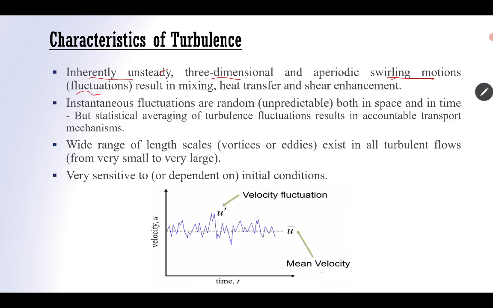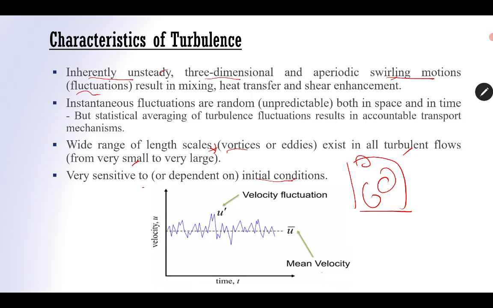It has a wide range of length scales, where we have vortices or eddies, what we call a swirling flow like this. When we look at the simulation, we call this an eddy. It exists in all turbulent flow, from very small to very large, and all of these are sensitive to initial conditions.